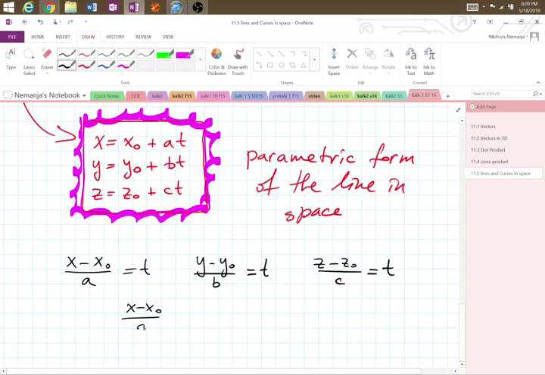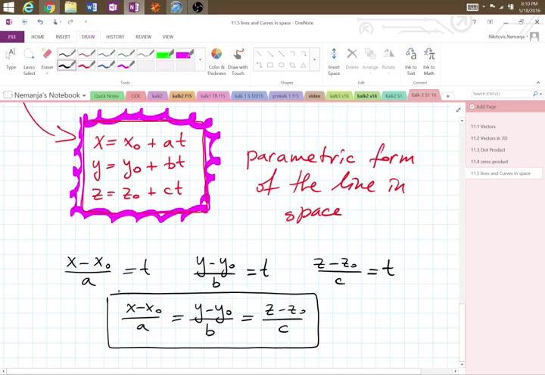Now, this is also one of the ways to represent the line, but why, right? So that's yet another way to represent the line. The one that you will be using is the one that we just put on the cloud. That's the one that you will be using all the time.